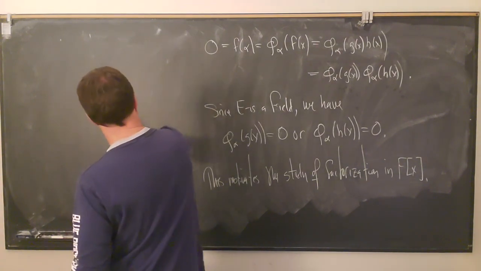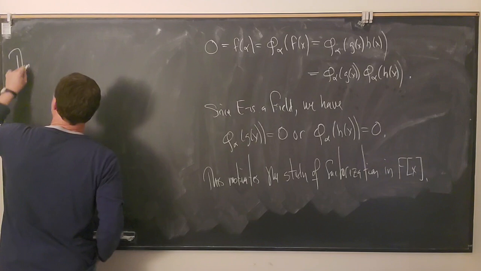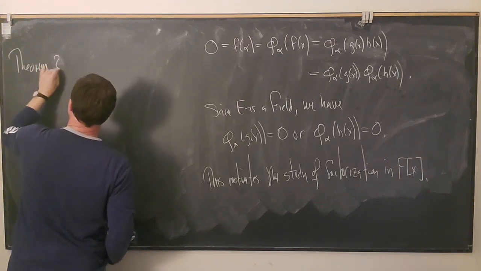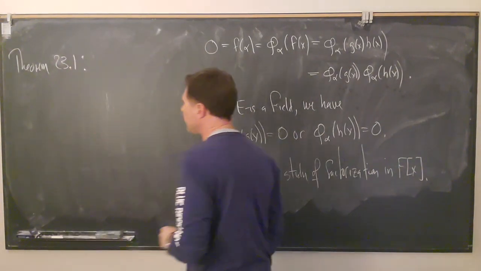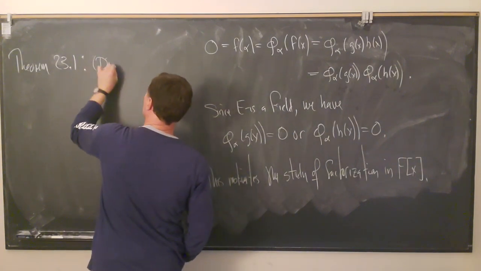Okay, so I want to prove this result now. This result we're about to prove has a familiar sounding name. This is the first theorem from this chapter, and it's called the division algorithm.